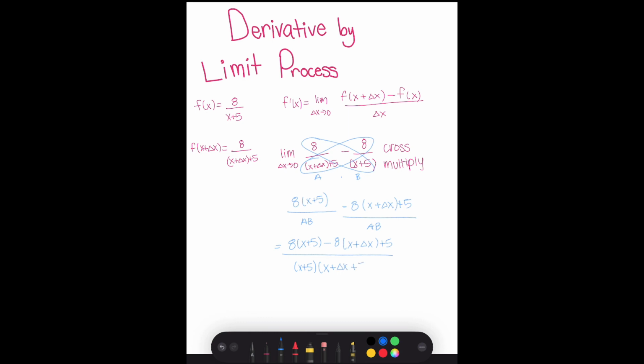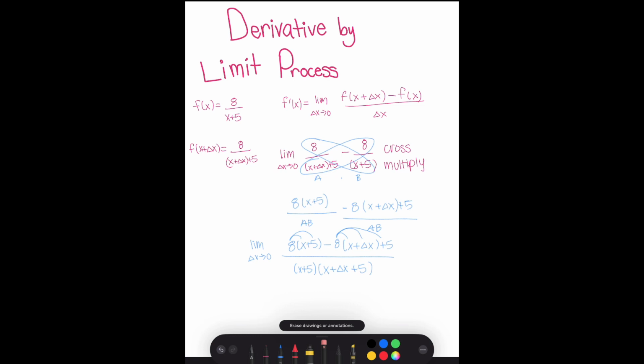And we can go ahead and take the limit just so we don't forget. So the limit as delta x approaches 0 of this expression, but we can go ahead and simplify our numerator by distributing the 8.